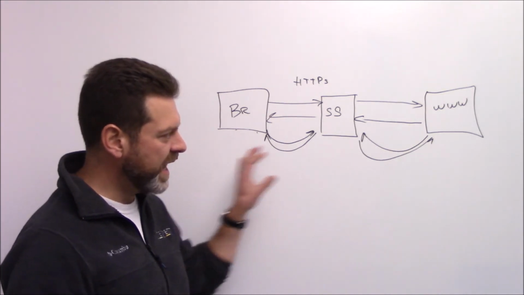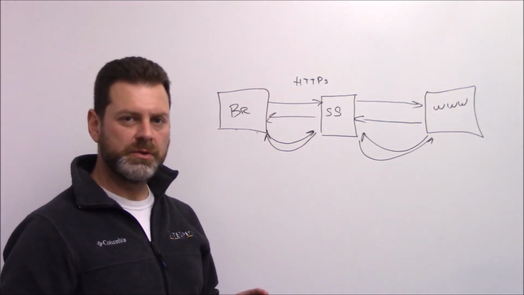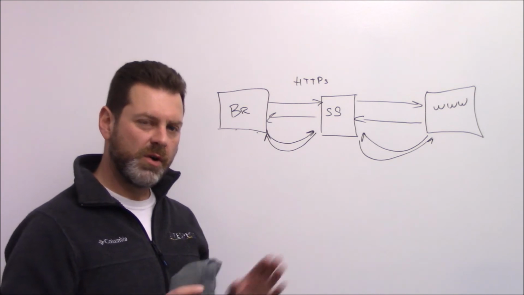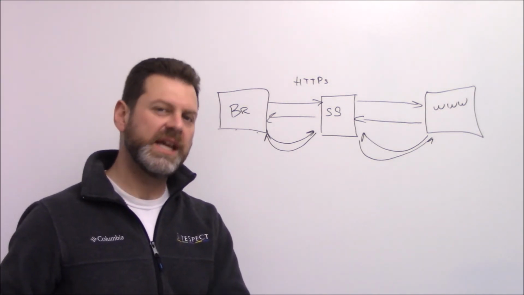So the API method can be used in conjunction with a proxy or can be used separate and standalone from the proxy.